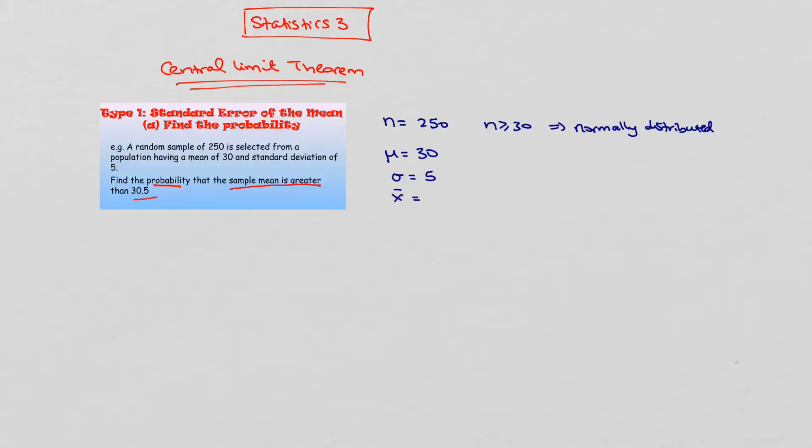We have to find the probability that the sample mean is greater than 30.5. So we're going to be using our standard error of the mean formula, which is on page 35 of our maths tables.